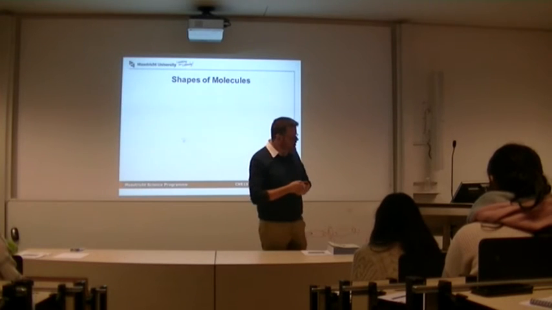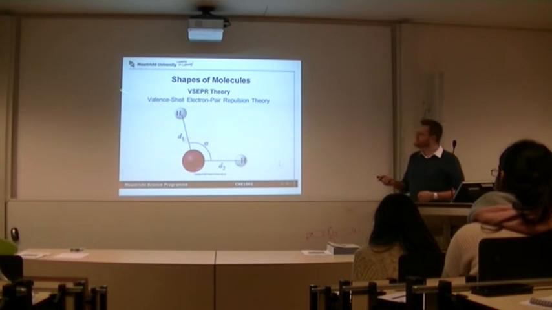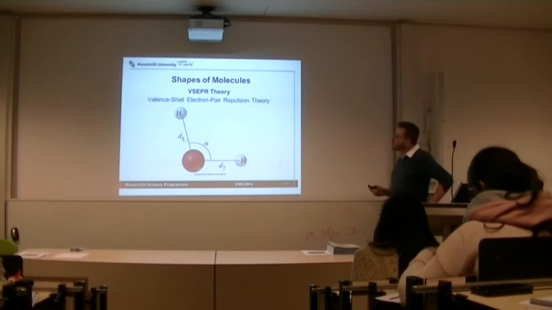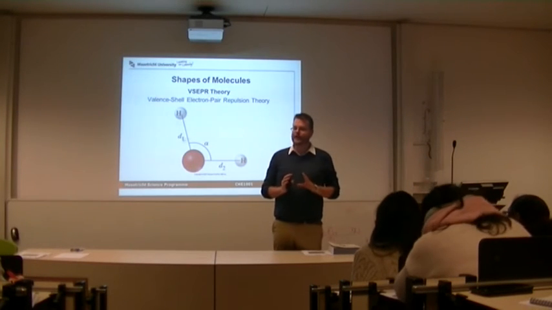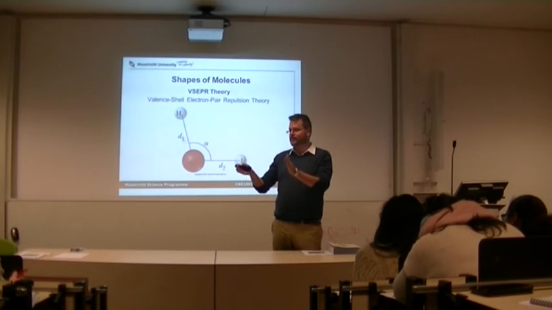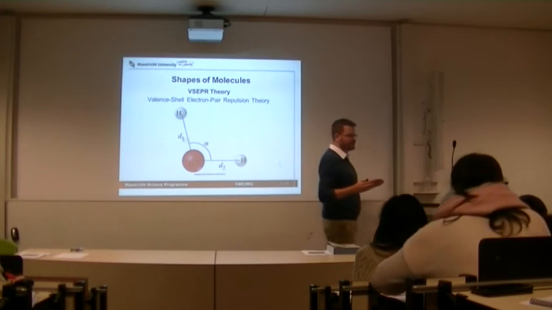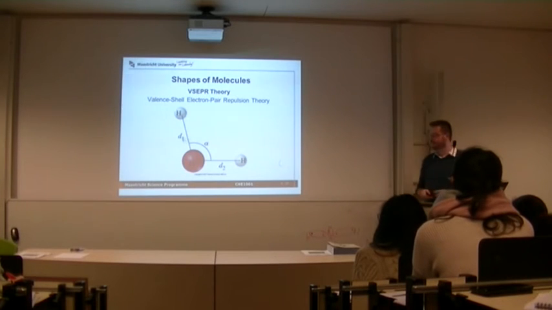And I'm going to introduce the notion of VSEPR theory, which stands for valence shell electron pair repulsion theory. This is a beautiful theory, a very nice theory, where if we start off with a Lewis structure, we can predict the shape of the molecule, which is great. Just think about it. You're confronted with a molecule, you write down a reasonable Lewis structure, you can actually predict what shape it's going to have.